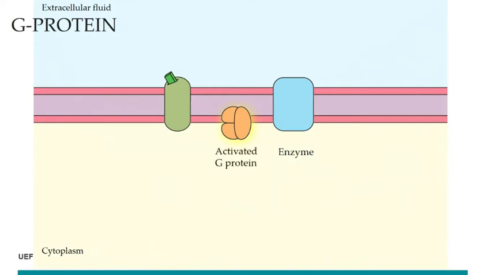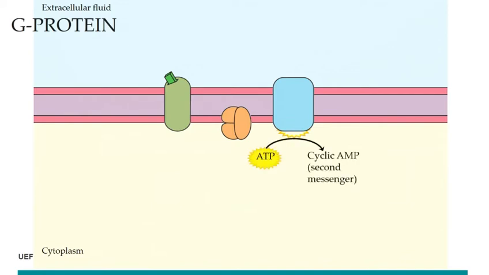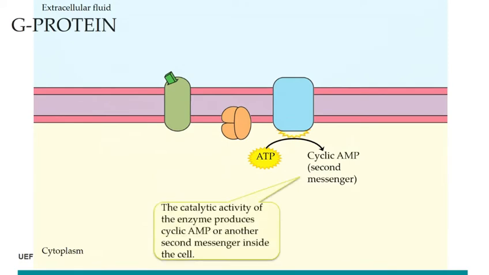And then this G protein is moving on the surface of the cell membrane to this enzyme, and then this enzyme is producing cyclic AMP from ATP. So it's used as a secondary messenger. And then this cyclic AMP, this secondary messenger, can be distributed inside the cell to activate or modulate the activity of certain different processes.